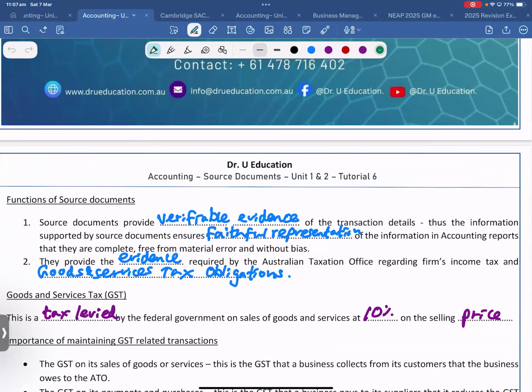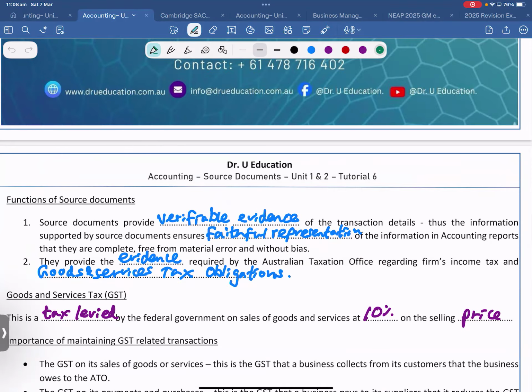Yes. Or, basically it proves that real world economic events of the businesses have been reported in such a way that the information in the reports is complete, free from material errors, and free from bias, right?